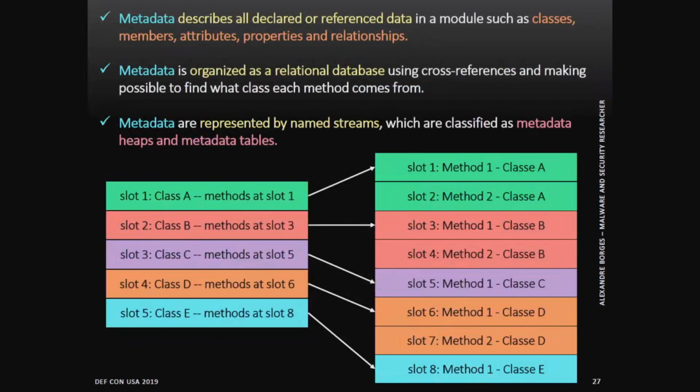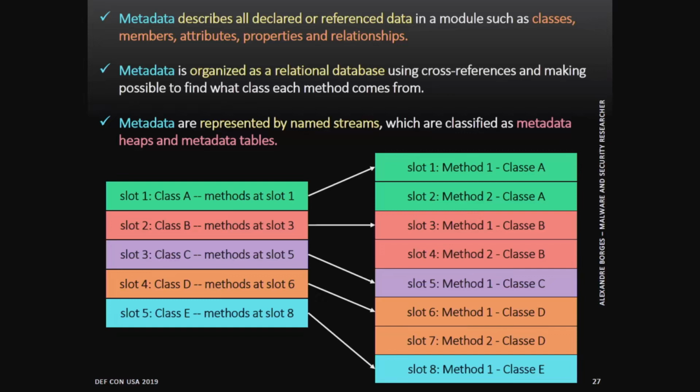Metadata is so important because, as I told you, it describes information about members, attributes, properties, classes, and so on. This metadata is organized using a kind of relational database. And it's so interesting because you see I have a table with 1, 2, 3, 4, 5 slots.